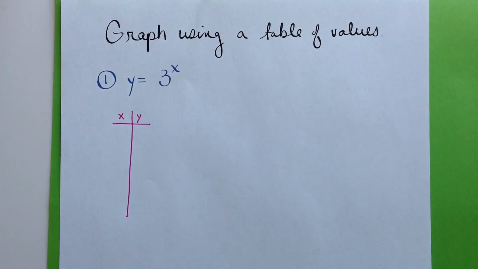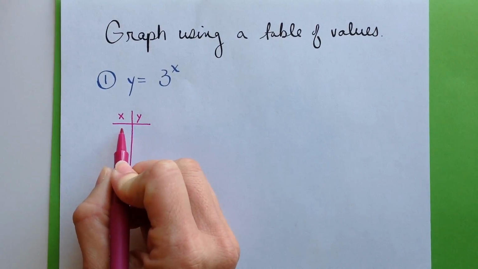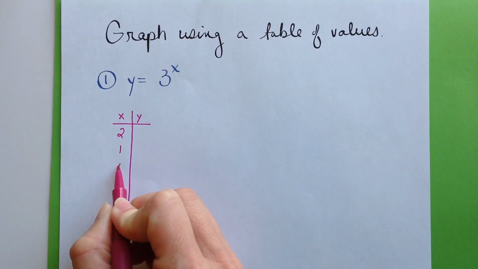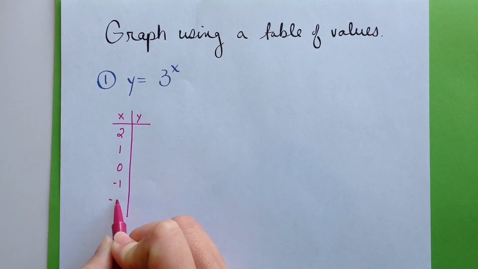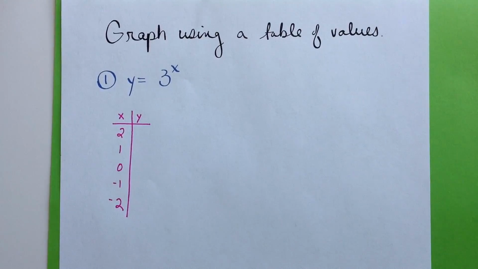But you don't want your numbers to get too large when you go to graph these, because you don't want to have to put tick marks out to 27 units or something like that. So I'm going to go with positive 2, positive 1, 0, negative 1, and negative 2. I'm just going to use those each time that we go to graph an exponential.